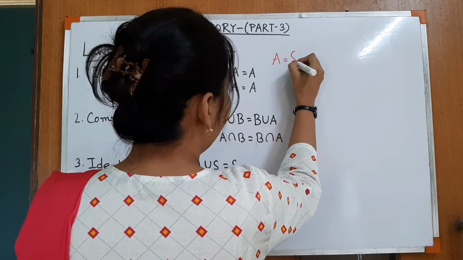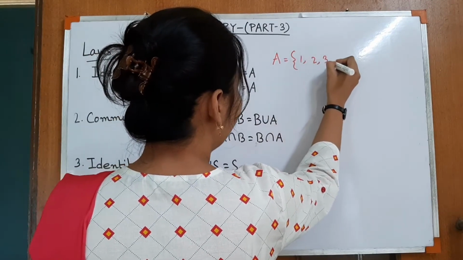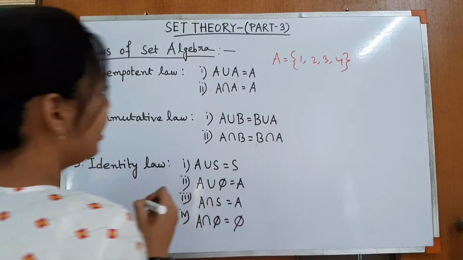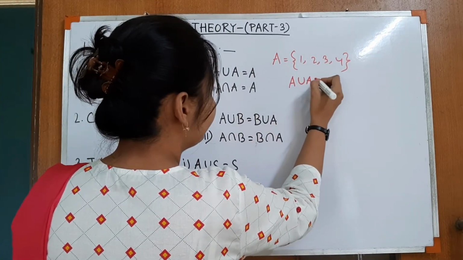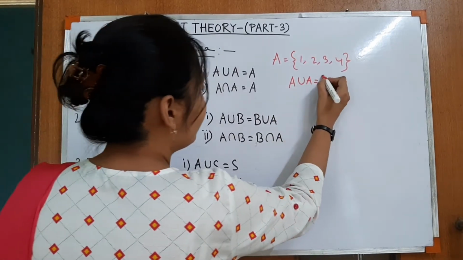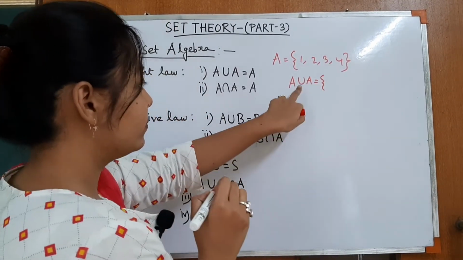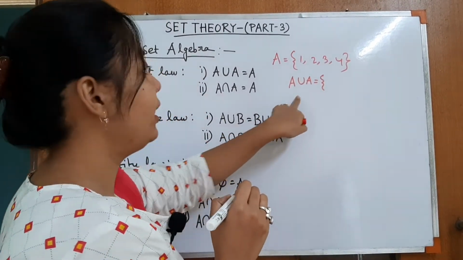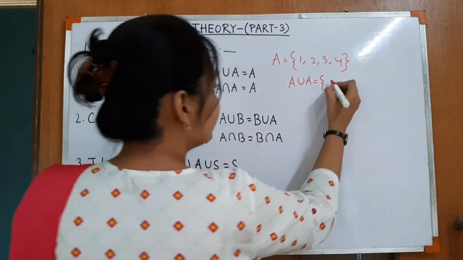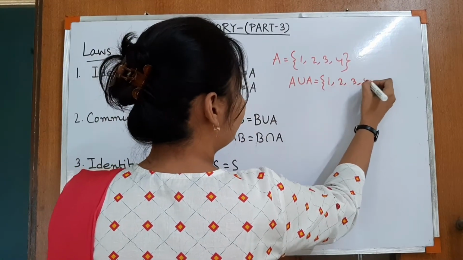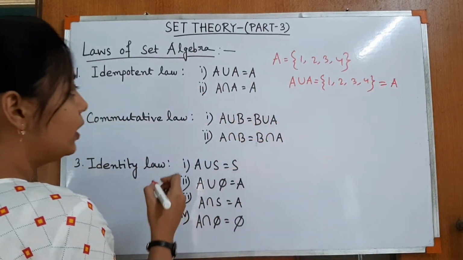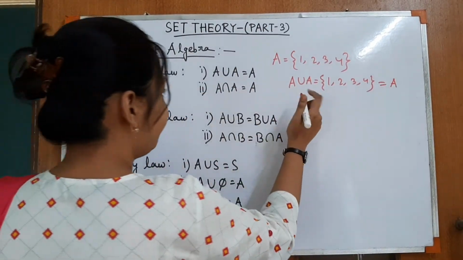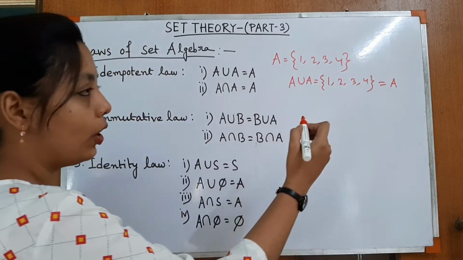Let us set A equal to {1, 2, 3, 4}. If we take the operation A union A, then we get {1, 2, 3, 4}, which is equal to A. So this satisfies the idempotent law.